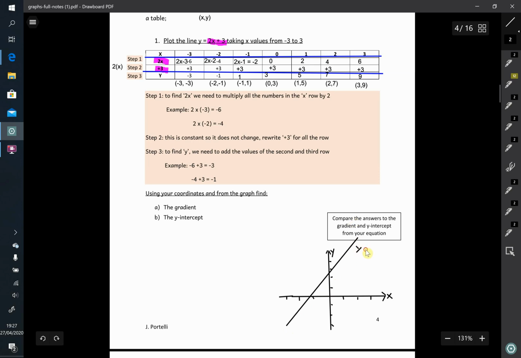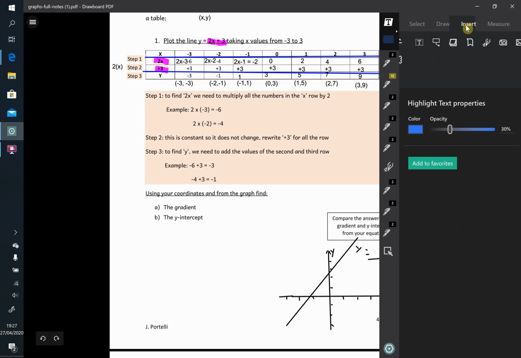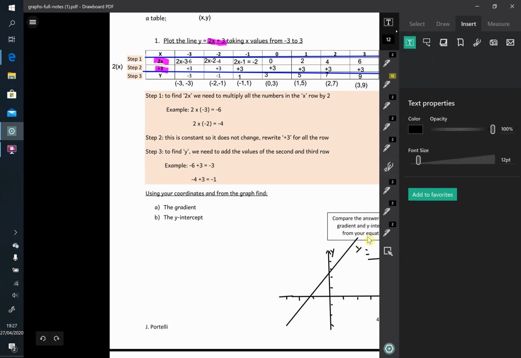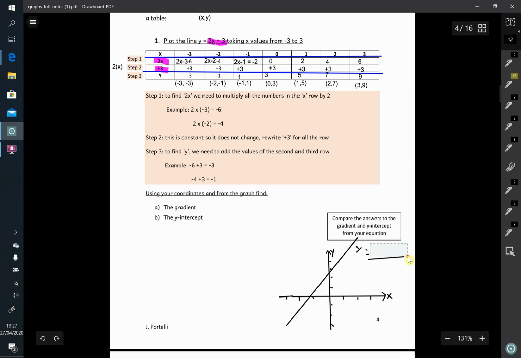And over here I write down the equation y equals 2x plus 3. Again, I repeat, please check the announcement for the plotting of this particular exercise 1.